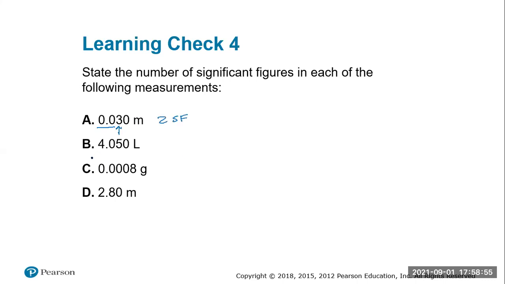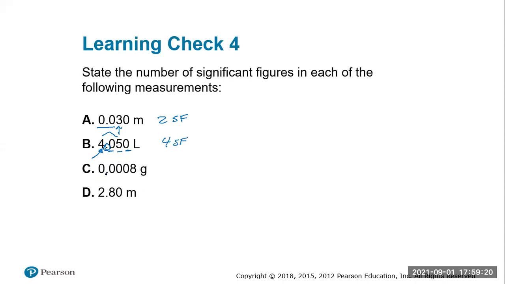Here, starting on the left, we hit a non-zero right off the bat, which means we should start counting. Now this 0 is trapped between these two numbers, which makes it significant. The 5 is significant, and this 0 is significant because of the decimal point that we see in the number, and that would mean that it has 4 significant figures.